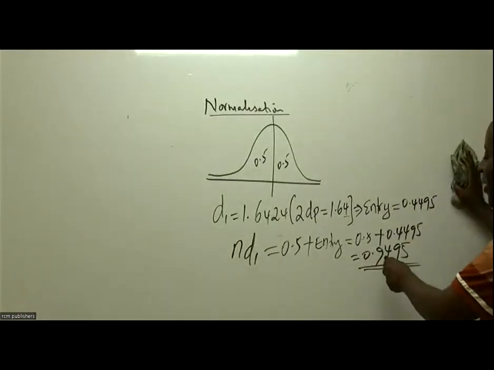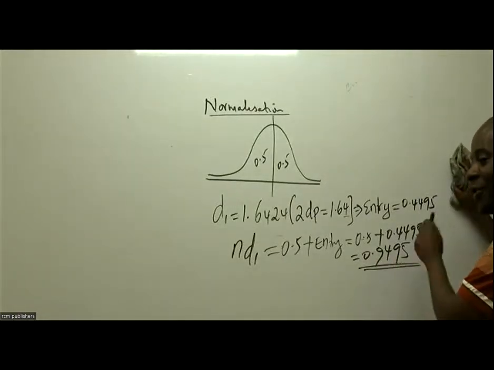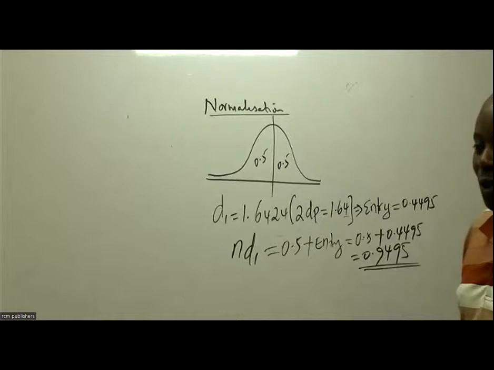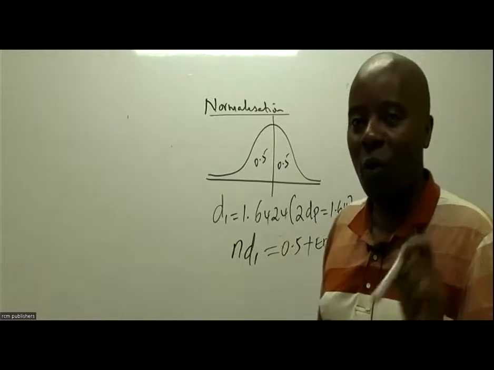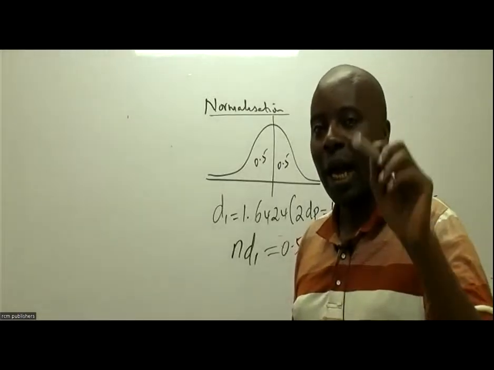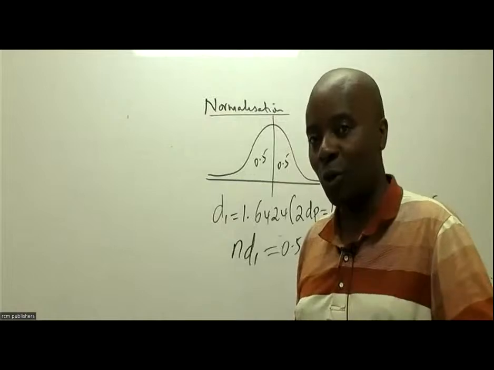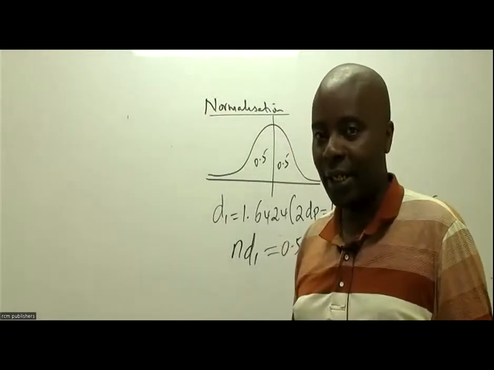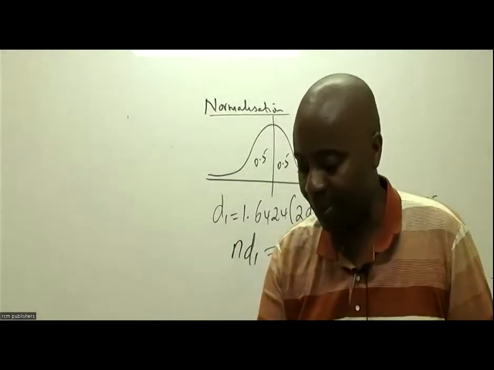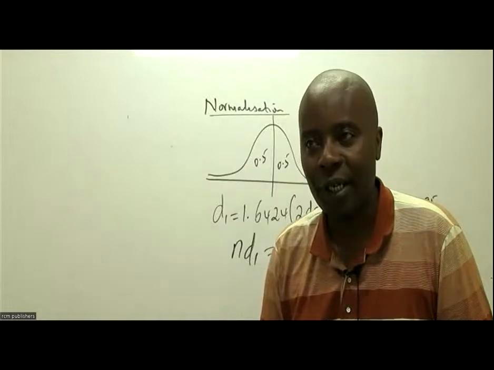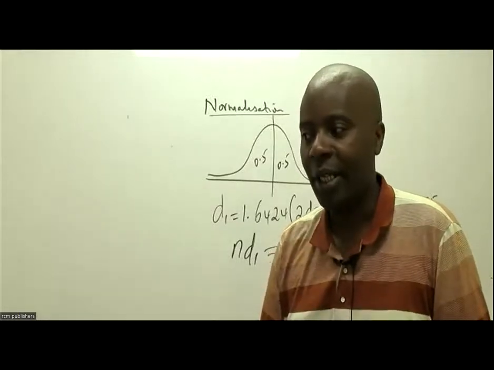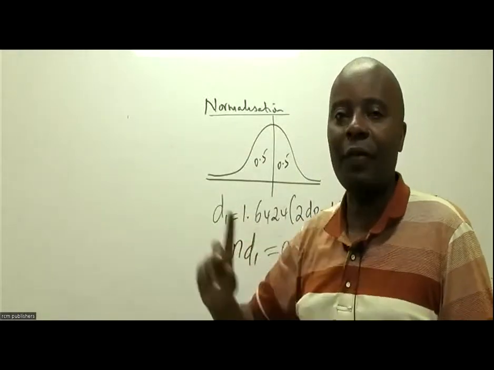Very good. So 0.9495. One day after you guys buy those good calculators, I would really want to have a class to show you how to derive this answer directly. Because at times, for example last semester but one, they gave us this question and never gave us the tables.